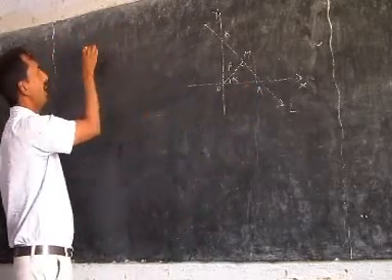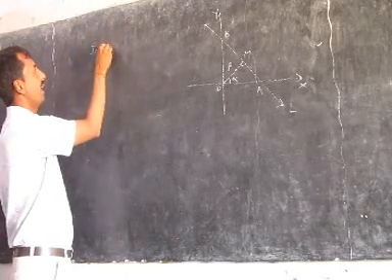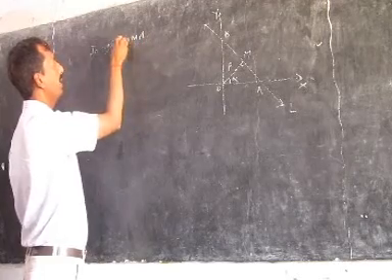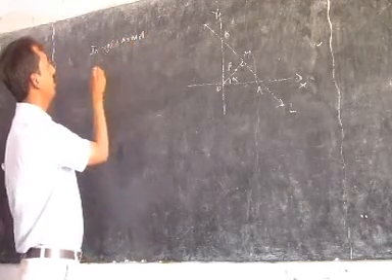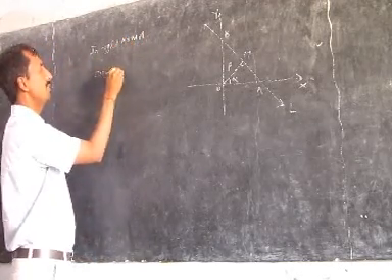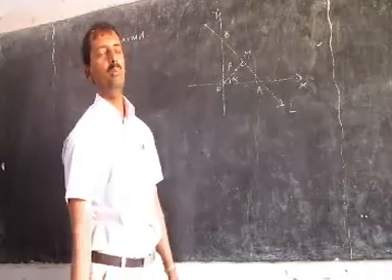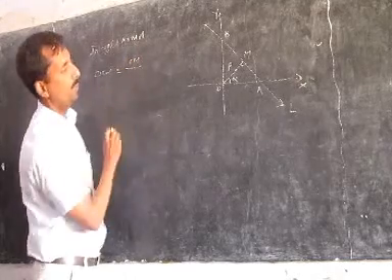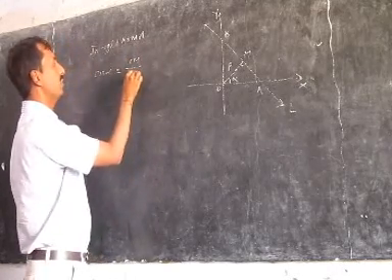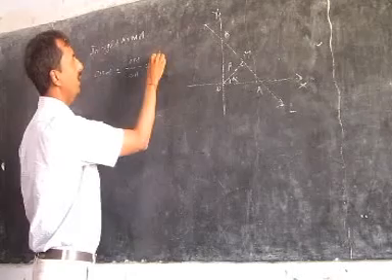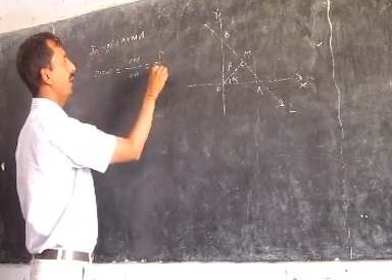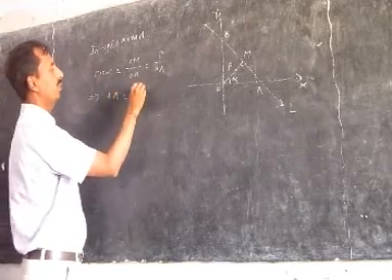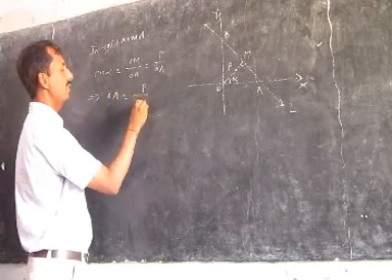In right triangle OMA, cos alpha is equal to B by H, so this is OM by OA. Here OM is equal to P. This implies OA is equal to P by cos alpha.